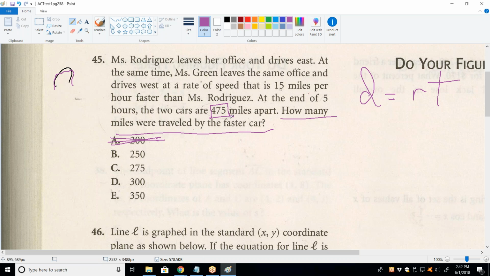They're separated by 475. So the faster car has to go greater than half this distance, and 200 doesn't do it. So now any of these other four theoretically could be correct, because all four of these distances has the faster car going more than half that distance.